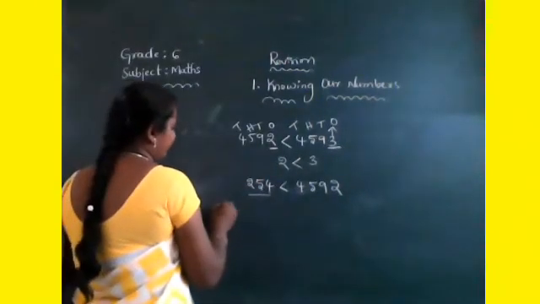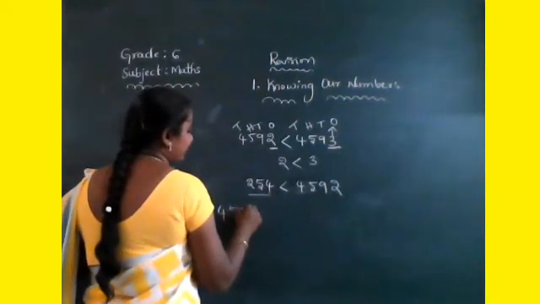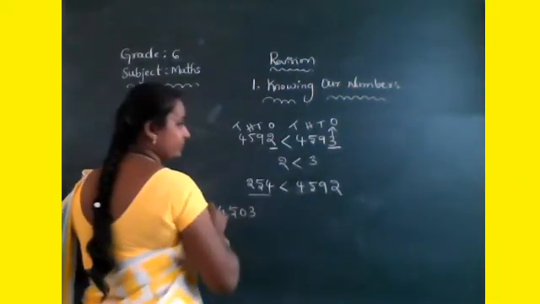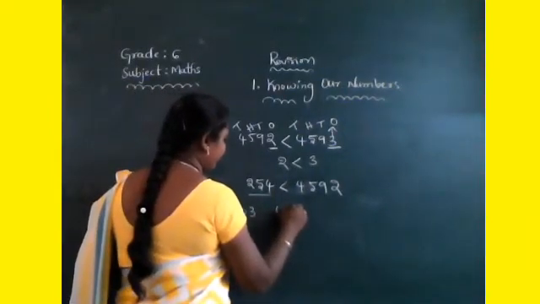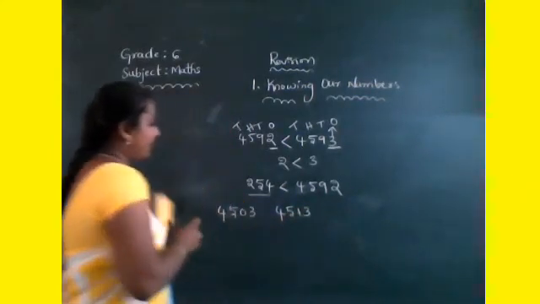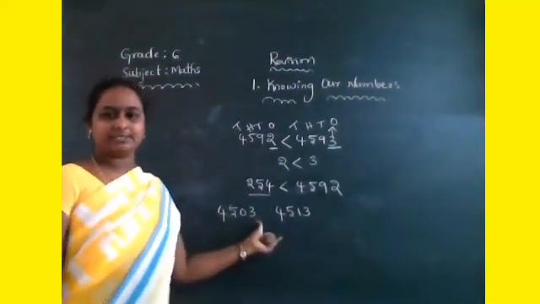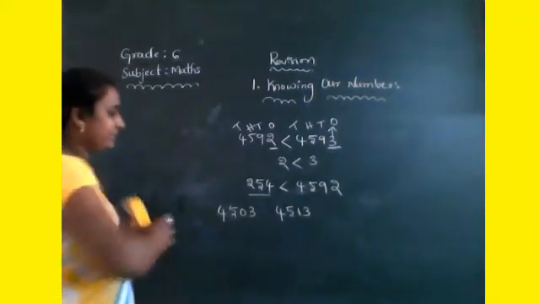Children, next take 4 digit numbers. 4503 and 4513. Among these two numbers, which is greater? Tell me now, which is greater?